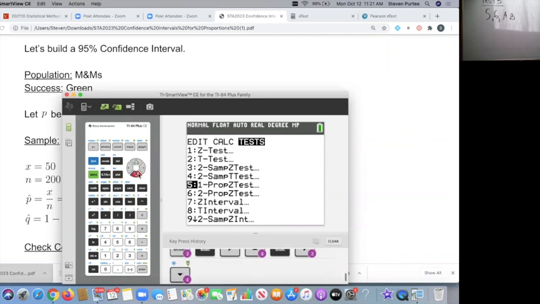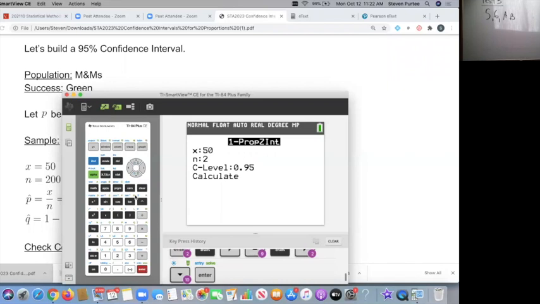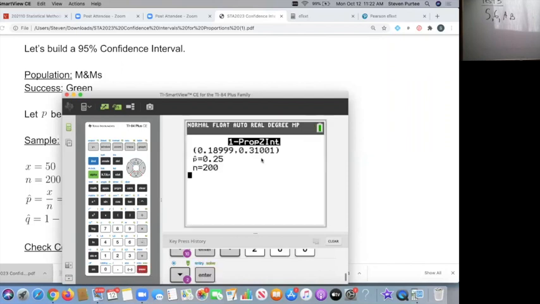Test, 1-PropZInt. Oh, 200. We hit calculate, and we're done. 19%, 31%. That's it. That's the entire problem.